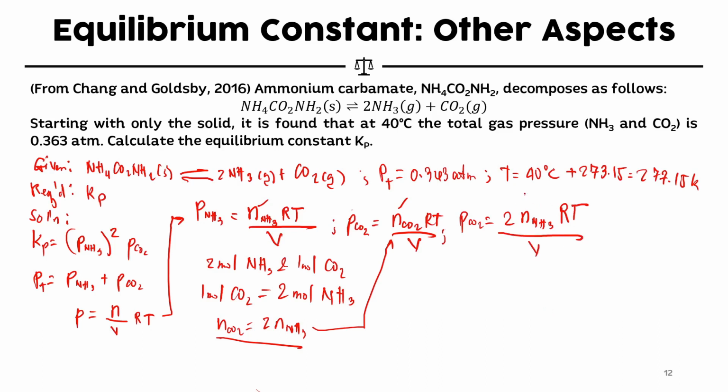Now we know that this expression is the expression for the partial pressure of ammonia. Therefore, we substitute it in this equation to establish a relationship between the partial pressures of the two components. Therefore, the partial pressure of carbon dioxide is equal to the partial pressure of ammonia multiplied by 2.